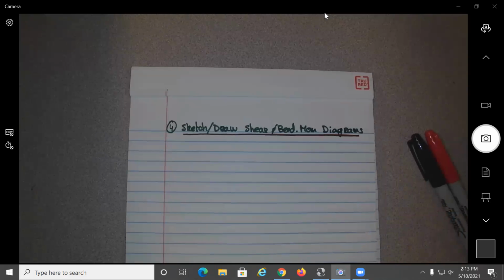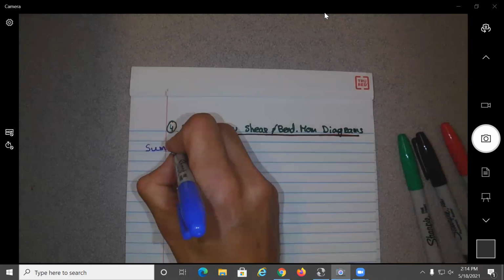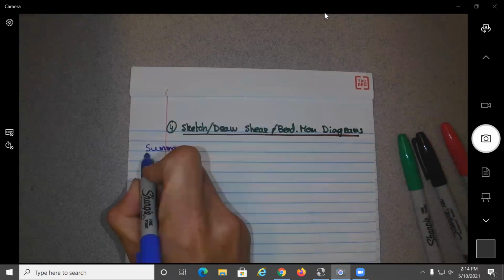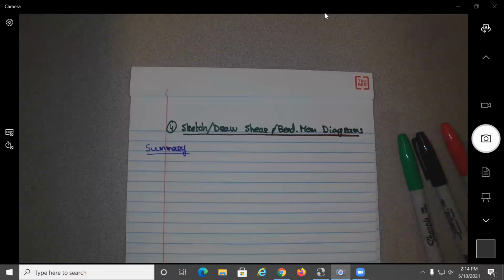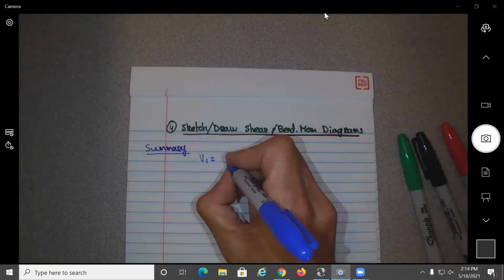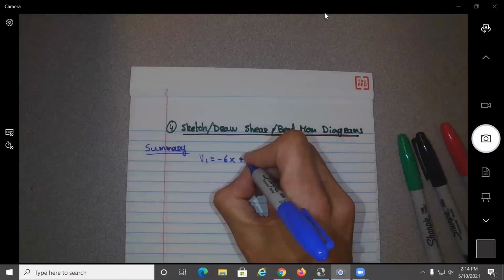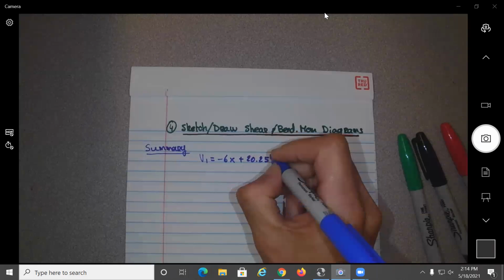So let me use the blue maybe here, summary. So what do we have? We had V1 equal to minus 6x plus 20.25.